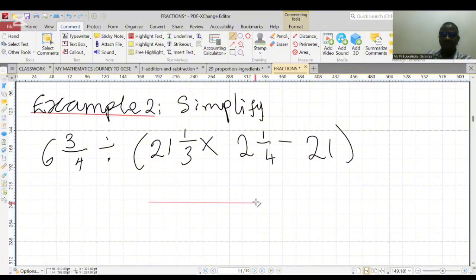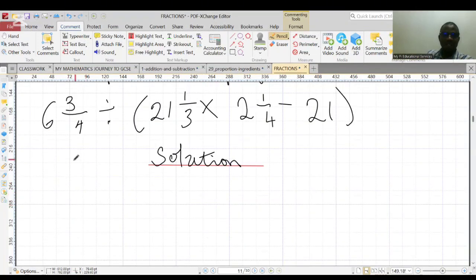So the first thing we need to do here is solve everything in the bracket using BODMAS. So let's change everything to improper fractions first.